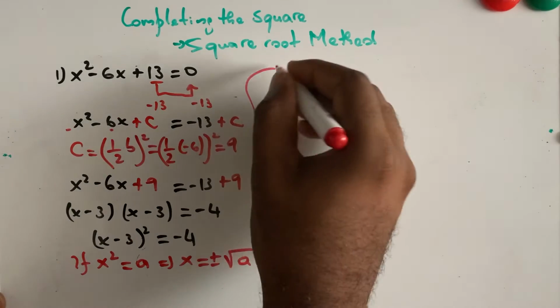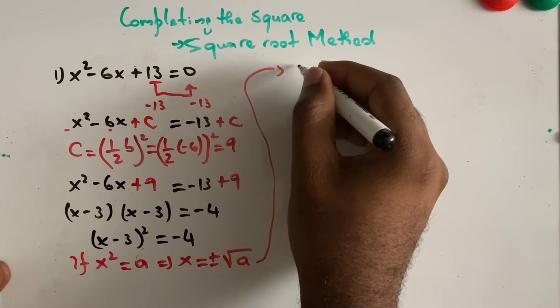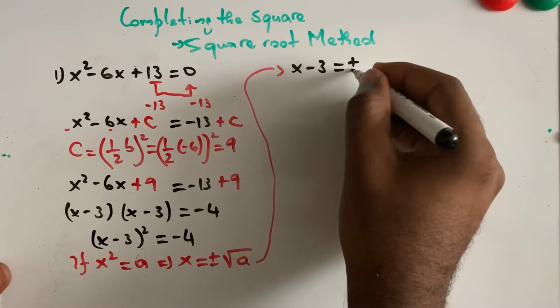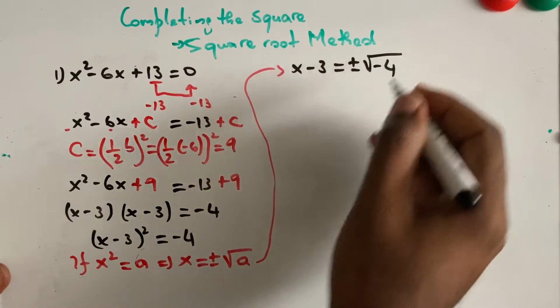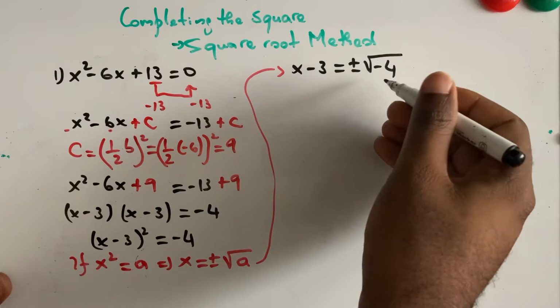So I can use this right here to say, since (x minus 3) squared is negative 4, therefore, x minus 3 must be plus or minus the square root of negative 4, okay? Now, this is not a real number, but it's an imaginary number.